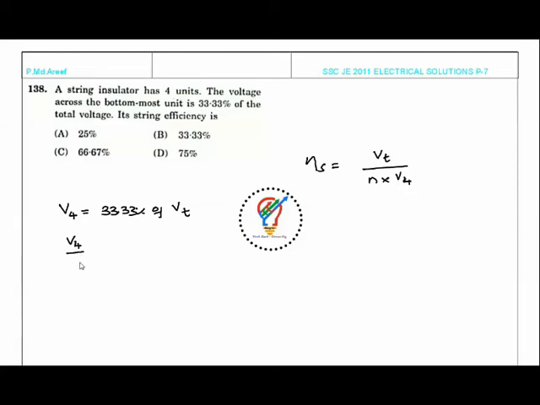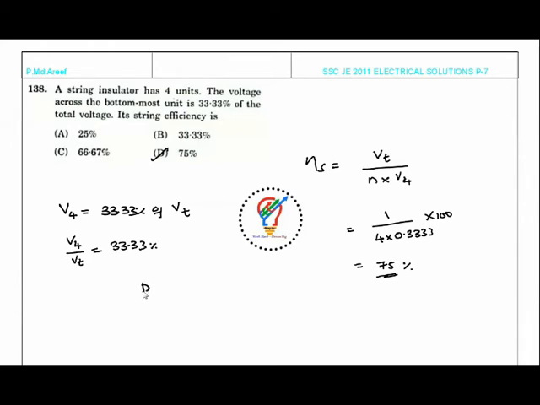So V4 by VT is nothing but 33.33% here. If we substitute here, how much we got? So 1 divided by n, that is 4, into 0.3333 here. So it is nothing but 0.75. If you multiply with 100 it is 75% here. The answer is string efficiency is 75%.